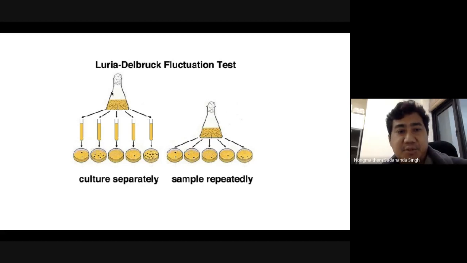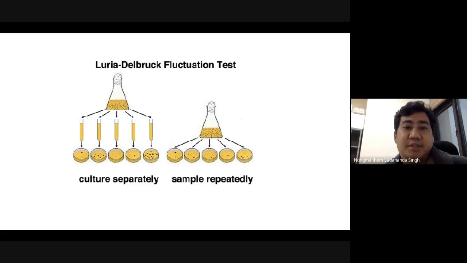But in the experiment done here, the initial inoculum or parent culture, where we expect that there is no mutation, is subcultured in a very diluted condition, in such a way that you assume there is one bacterium per unit volume.